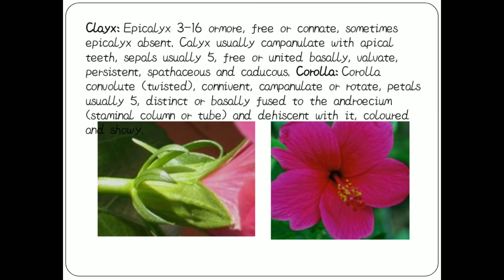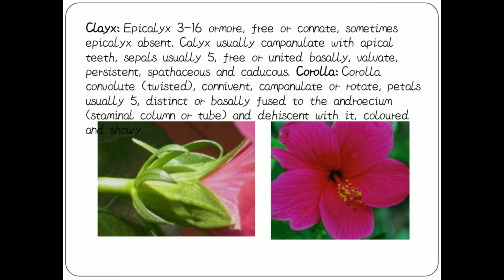Calyx. The first diagram shows the green colored part at the basal region, that is the calyx and epicalyx. Epicalyx is 3 to 16 or more, free or connected, sometimes epicalyx absent. Calyx usually of 5 to 7 in number and sepals usually 5.